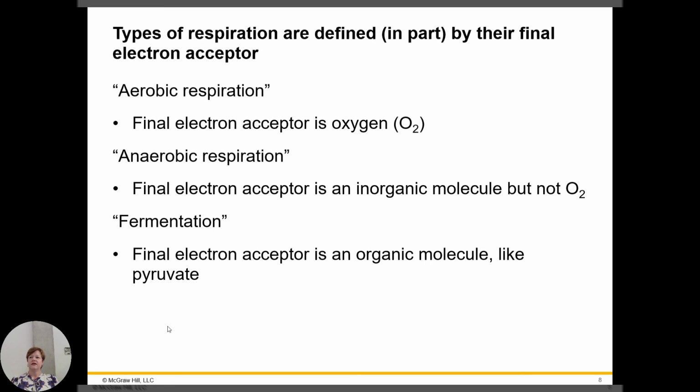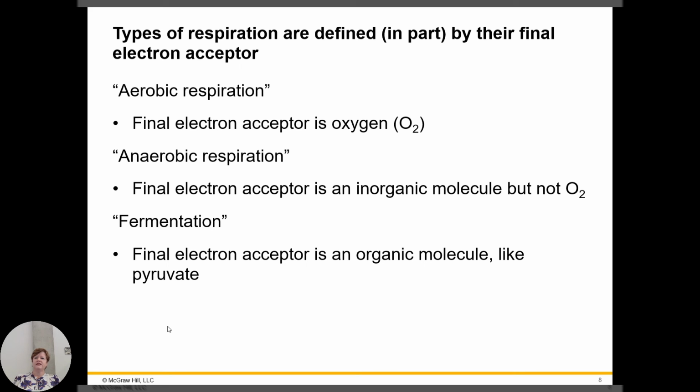Anaerobic involves a final electron acceptor that is some kind of molecule that's not oxygen. But it has to be inorganic, meaning not a carbon compound. So a non-carbon compound, but also not oxygen. So often in anaerobic respiration, the final electron acceptor is sulfur, for example. Fermentation is quite different.